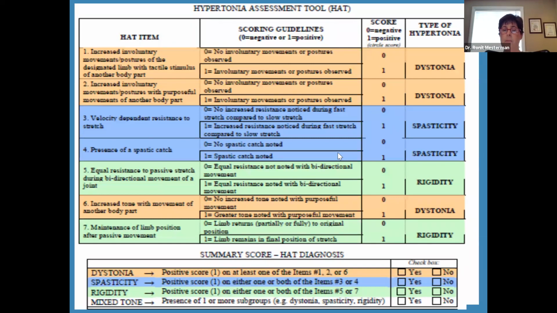To help us be more sensitive to the separation, my colleagues in Toronto have developed the hypertonia assessment tool that gives a good manual on how exactly to get down to the essence of those two different types. I did not address that there is a third type of tone that we call rigidity, which we often see in adults, especially in the context of Parkinson's, but is actually very rare in children.